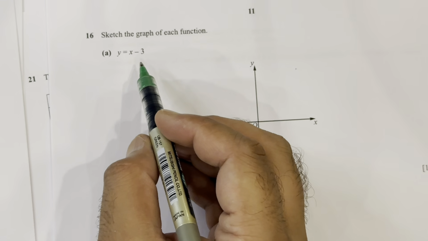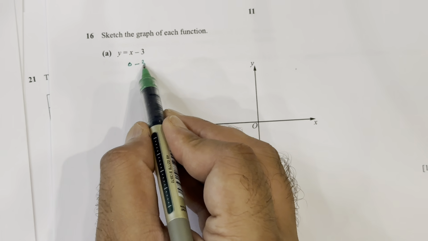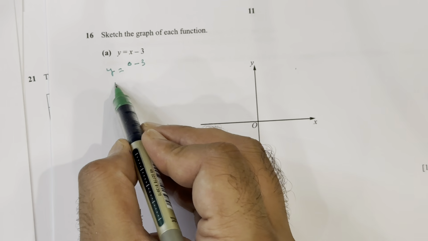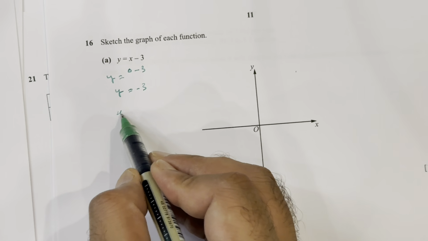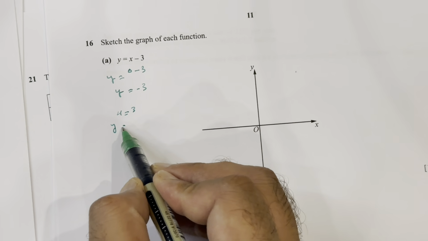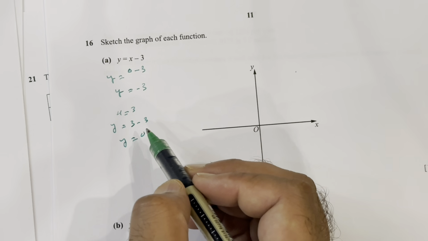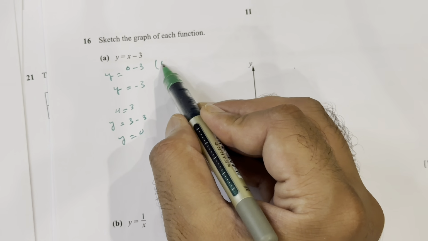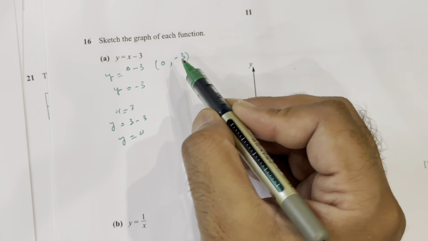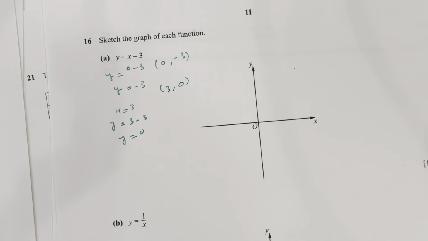If I take x as 0, then 0 minus 3, so y would be minus 3. And if I take x as 3, then 3 minus 3, and y would be 0. So these 2 points, 0 and minus 3, and 3 and 0, we're going to plot over here.